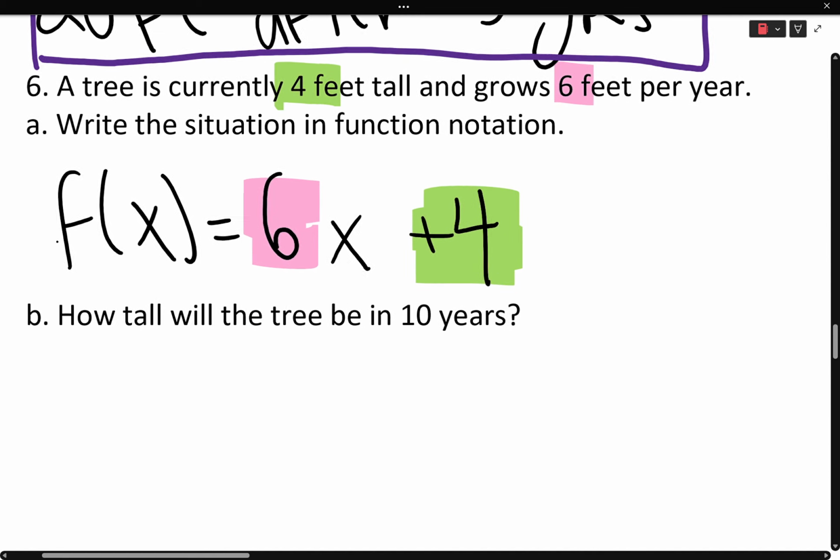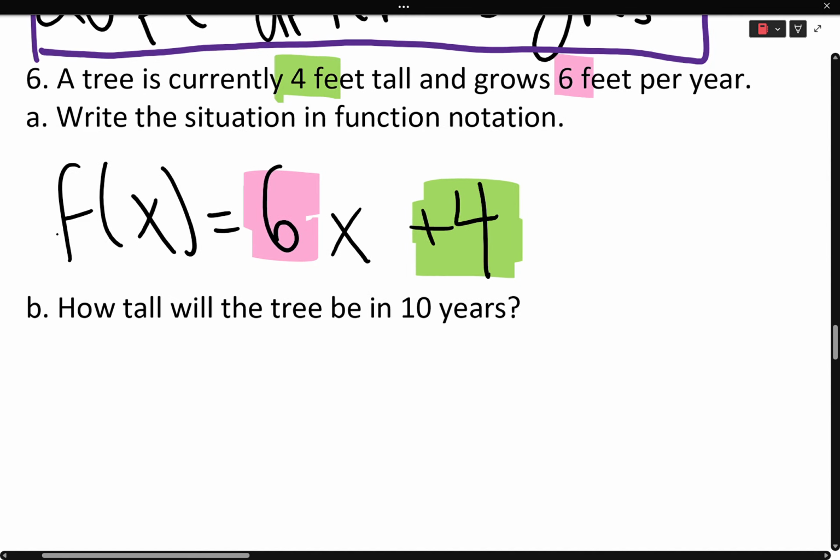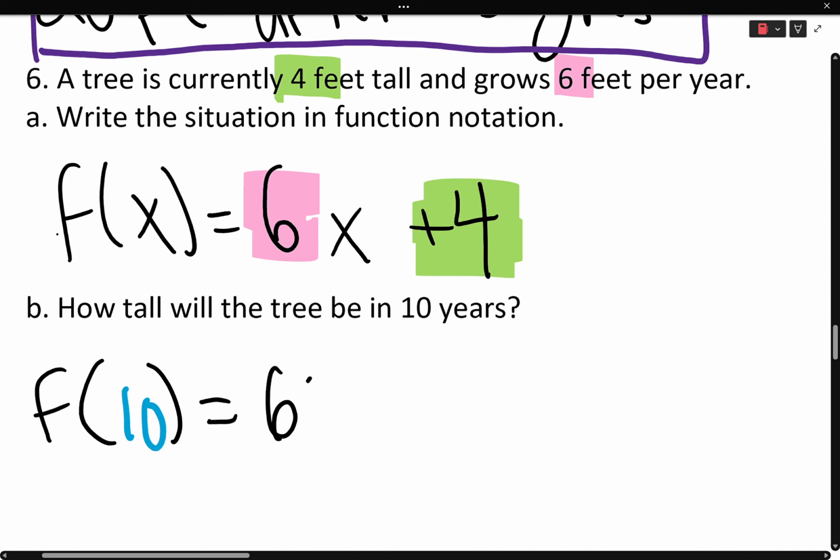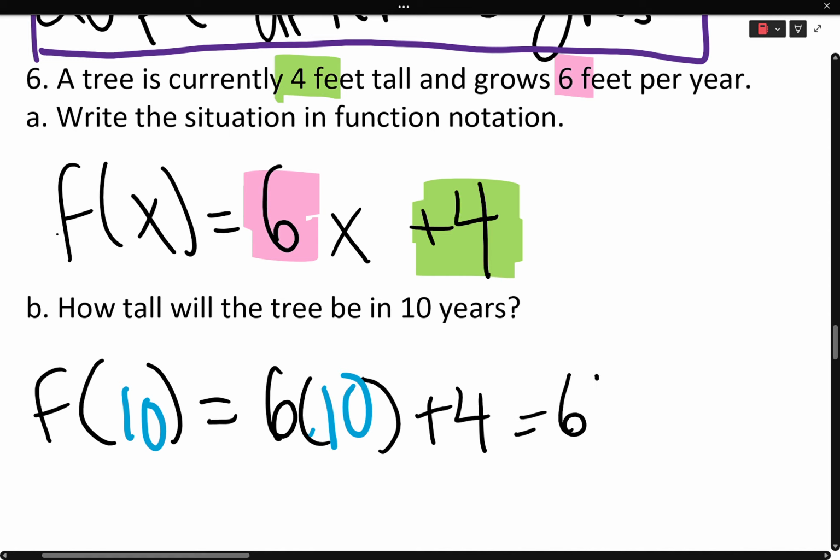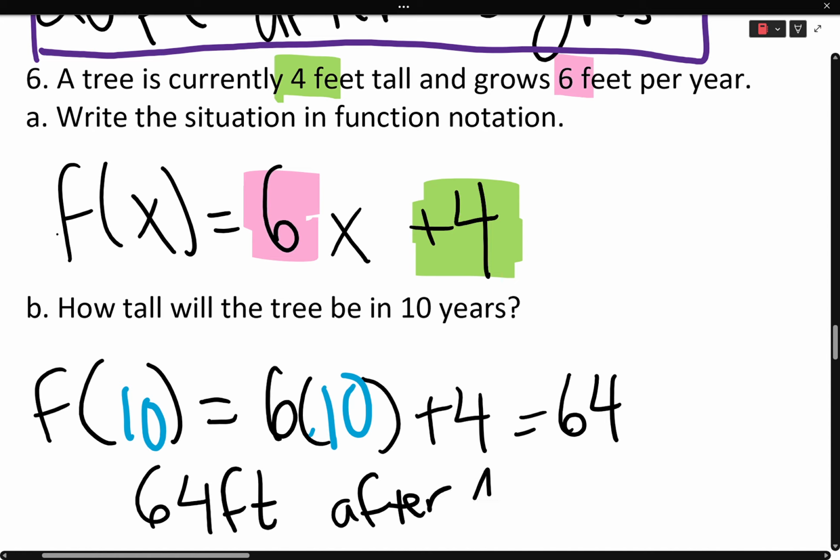Let's find out how tall the tree will be in 10 years by plugging 10 into x. So we've got 6 times 10 plus 4. 6 times 10 is 60, plus 4 is 64. So 64 feet after 10 years.